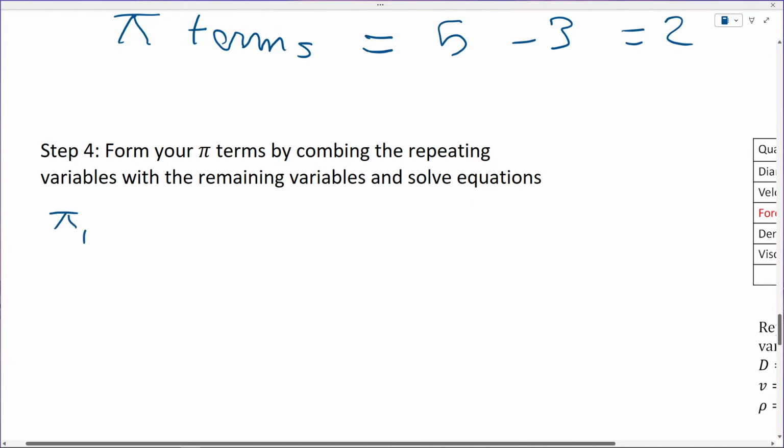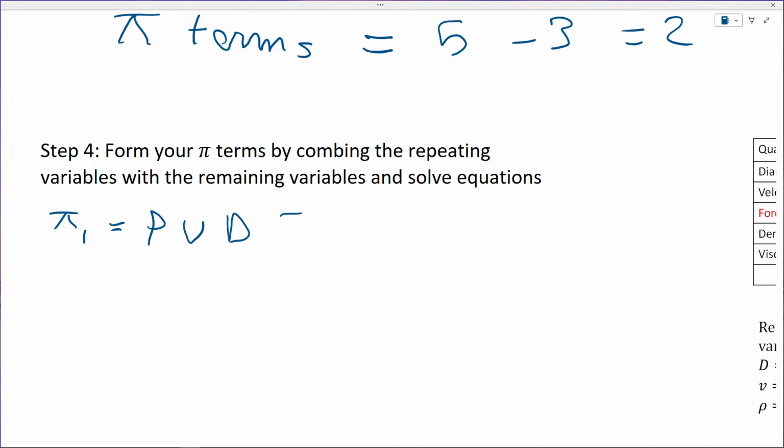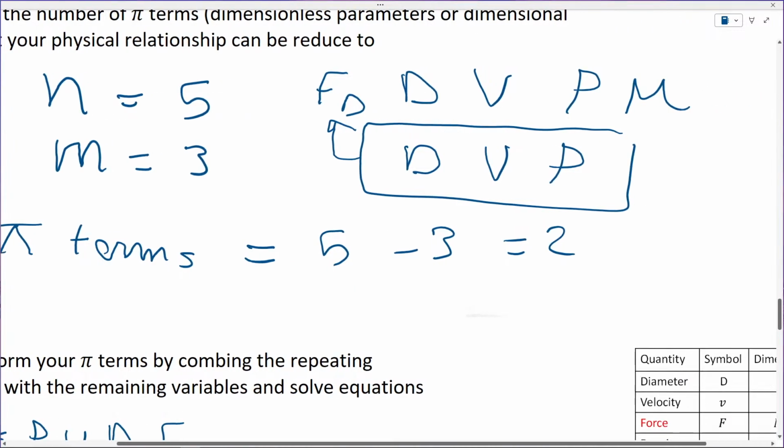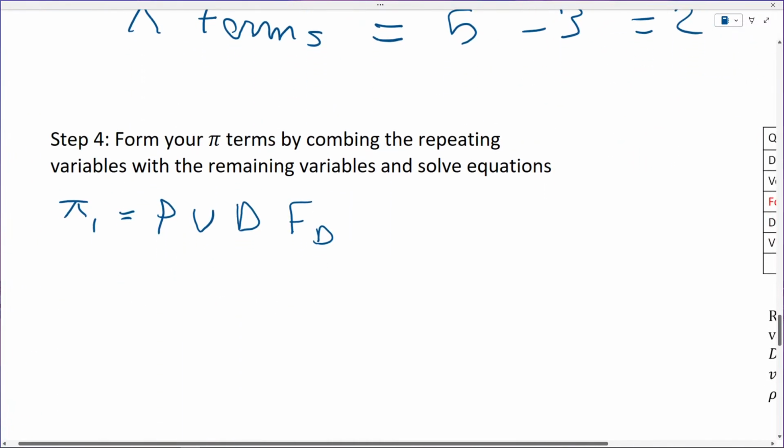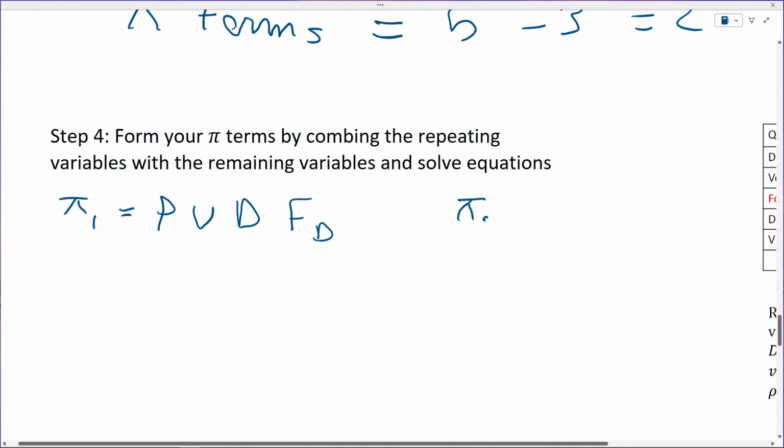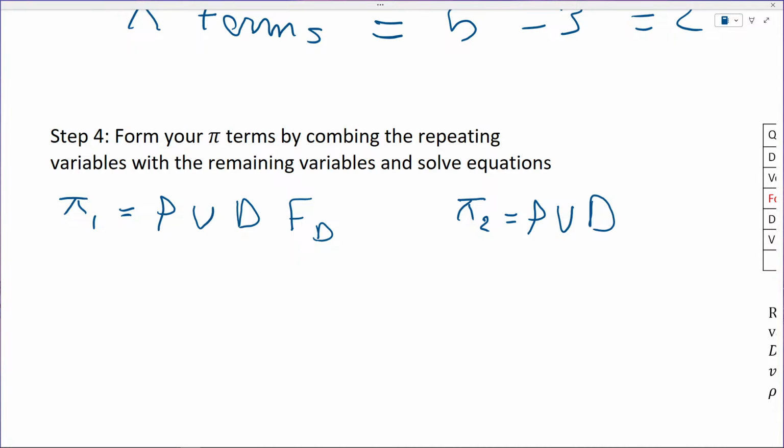So Pi1 would be my rho, V, D, and one of my non-repeating variables, this one for example, and Pi2 would be rho, V, D, and my third parameter. So now I have all the 5 parameters represented: rho, V, D, drag force, and viscosity. Okay, so what do I need to do?